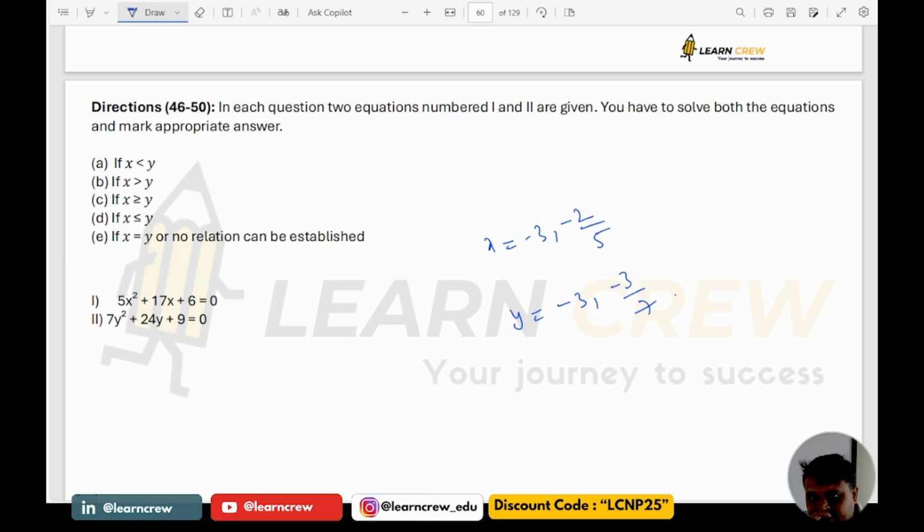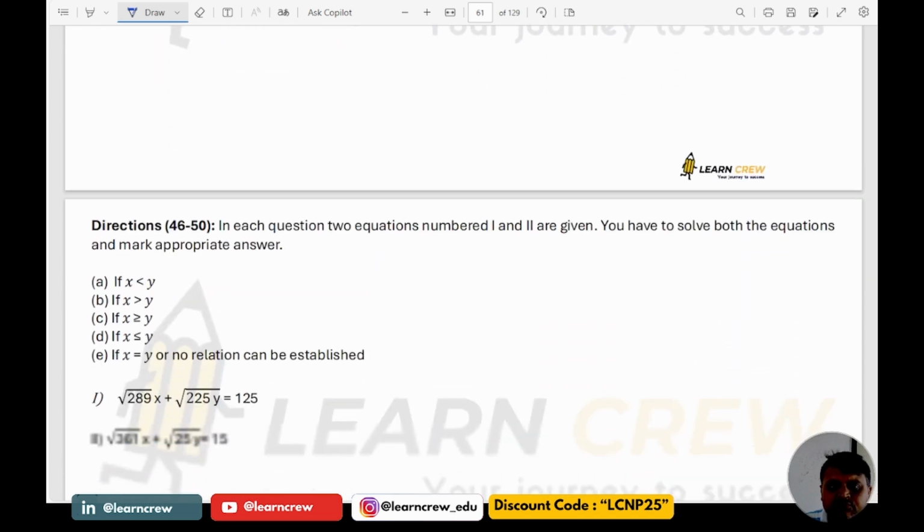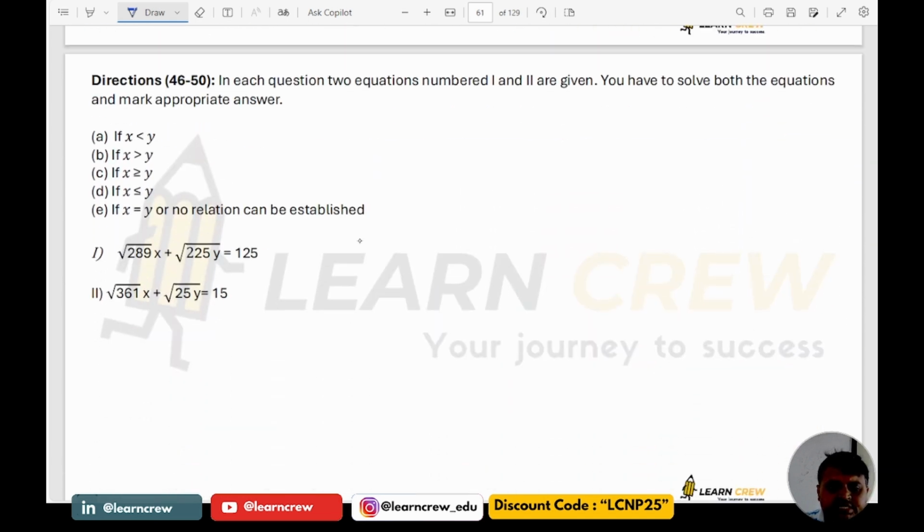So I can say here minus 3 is less than minus 3 by 7, but minus 2 by 5 is greater than minus 3, and minus 2 by 5 is greater than minus 3 by 7. Thereby you can say there is no relation established.